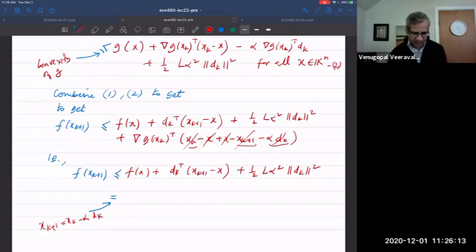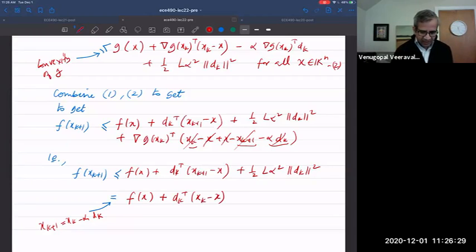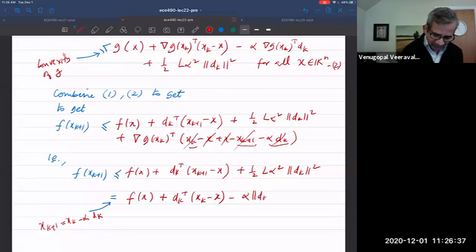So if I did that, then I'll get f of x plus dk transpose xk minus x, and then minus alpha dk squared, and then a half.